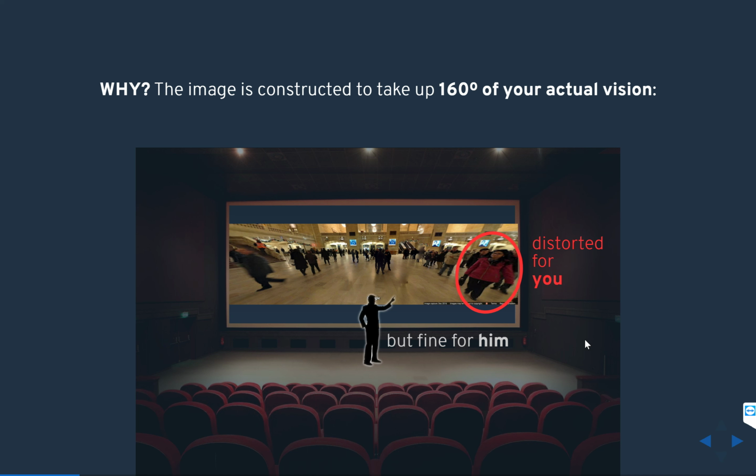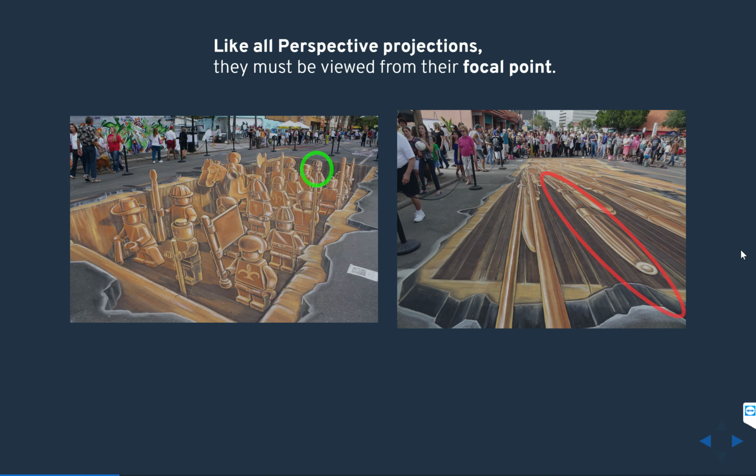And computer games are rendered at 90. This is the intended focal point of this image, and why we get such terrible distortion when we stretch it out. Like all perspective projections, it's intended to be viewed from a single focal point, and I think that's the weakness of this type of projection. And this is street graffiti, same deal.